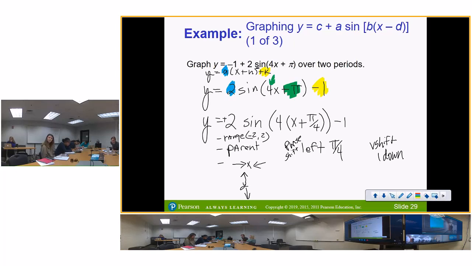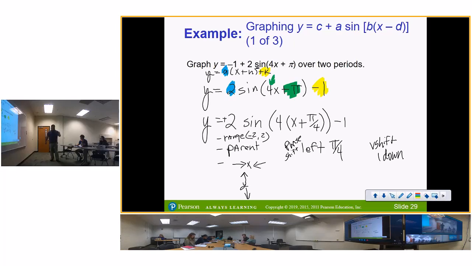Okay, now if I ask you, let's say, 4 questions on the test, 2 will be graphing sine and cosine, and 2 will be something like this. That's all I'm going to ask you out of 9.6, 9.7, and 9.8, whatever they are. Andy, which one is it? 9.6 and 9.7?